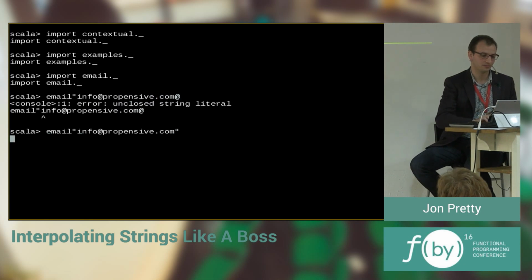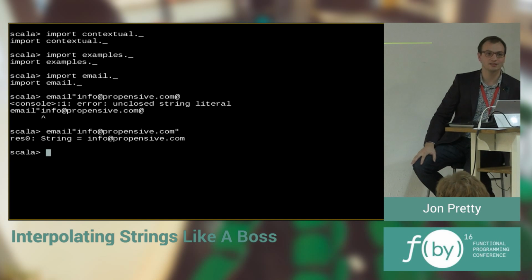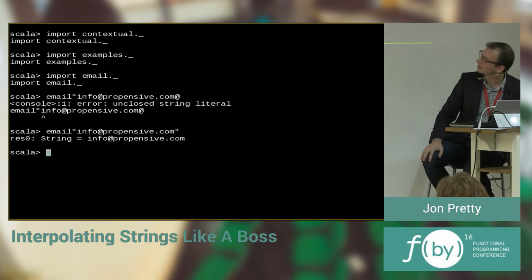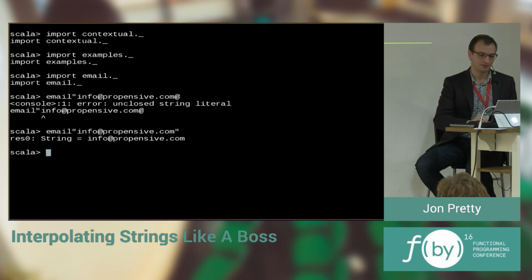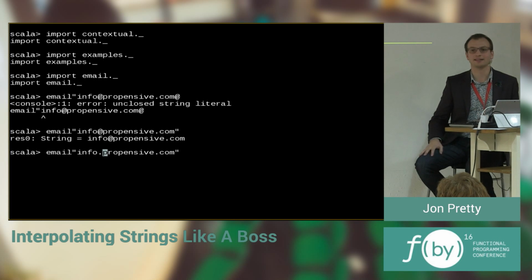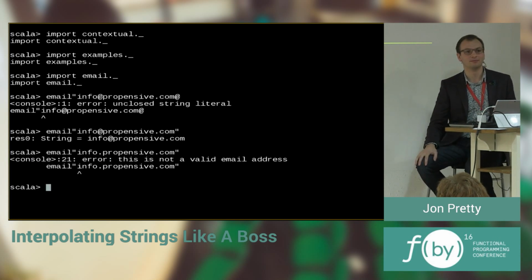Oops. There is an email address. Can everyone see the text okay? So that compiled fine. It just gave us a string back. If, for example, I didn't have an @ sign, I accidentally did that, we get a compile error.